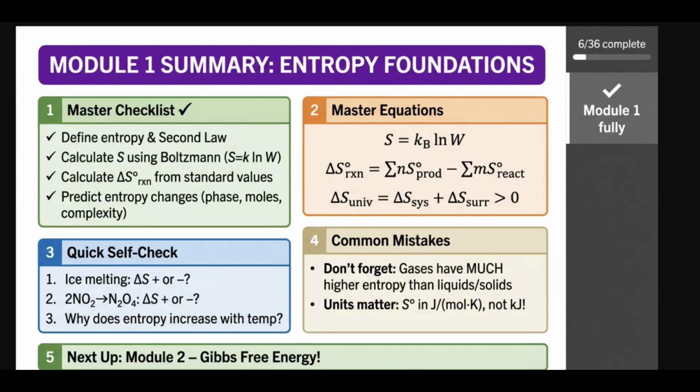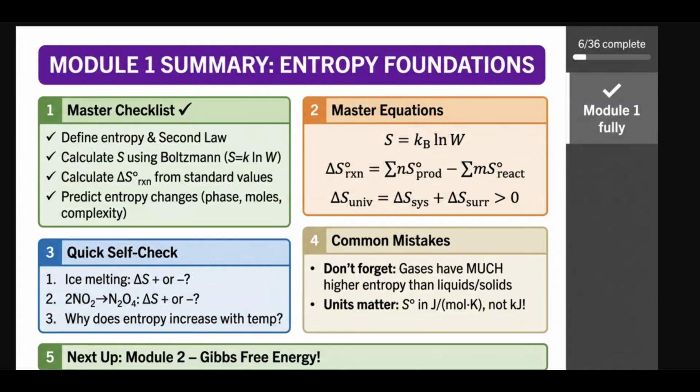Check 3, can you calculate delta S node of a reaction from standard molar entropy values? Check 4, can you predict whether entropy increases or decreases based on phase changes, moles of gases, and molecular complexity? If the moles of gases increase, the entropy increases because there will be more microstates.